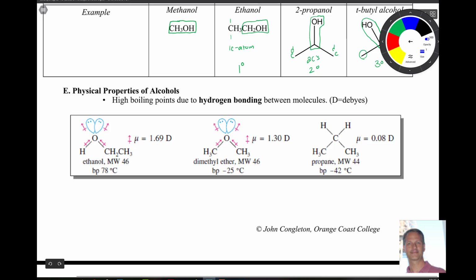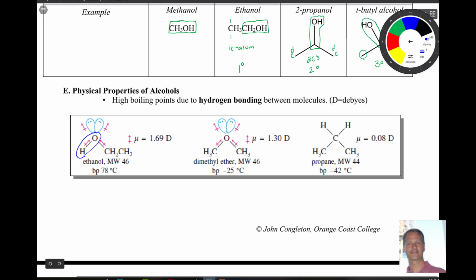Molar mass changes a little bit here, not by much, but you throw in oxygen, it gives you a dipole, and the boiling point increases from -42 to -25. And if we come over here and get some H bonding, we went up more than 100 degrees, from -25 to 78, which is 103. This is because of the H bonding.